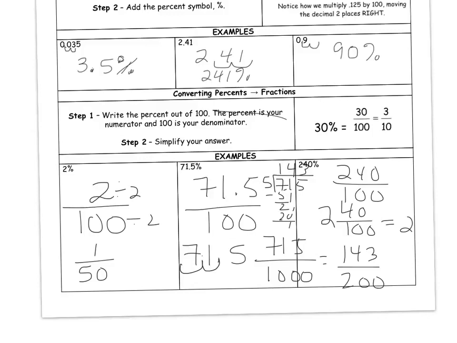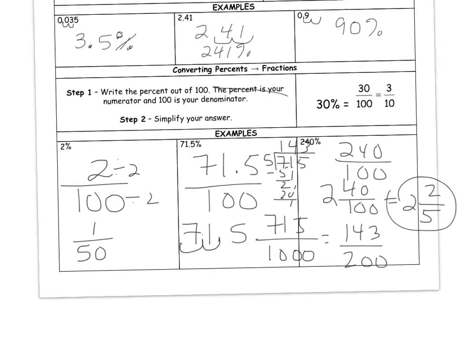I can divide both top and bottom by 10, or 20 is the highest. So 40 divided by 20 is going to be 2. And 100 divided by 20 is going to be 5. So that is converting percents into fractions.